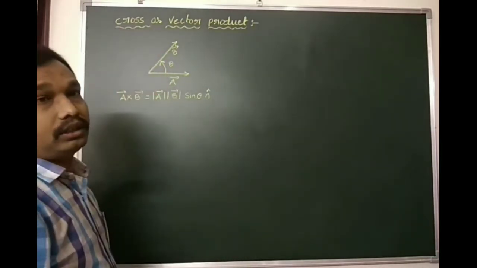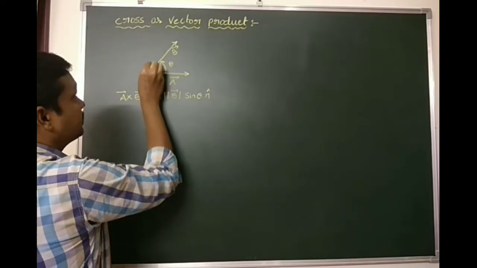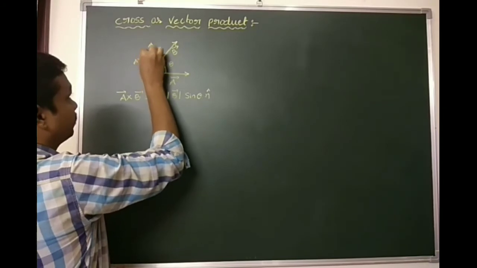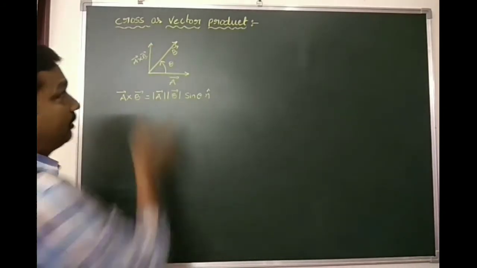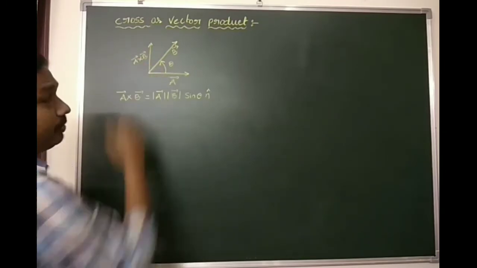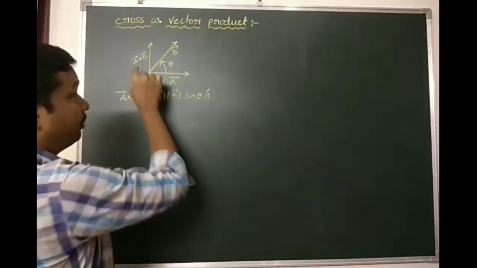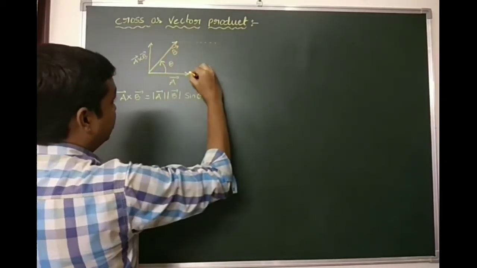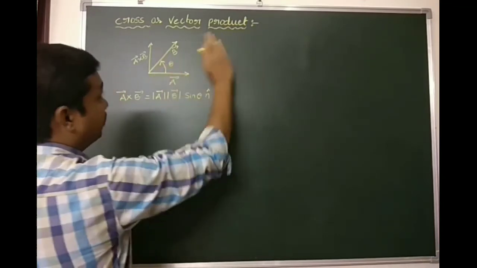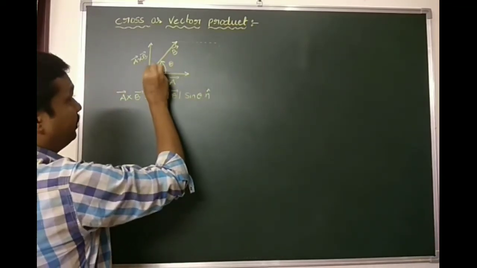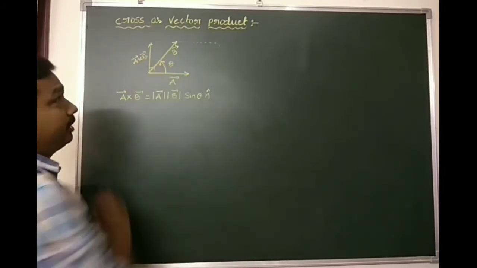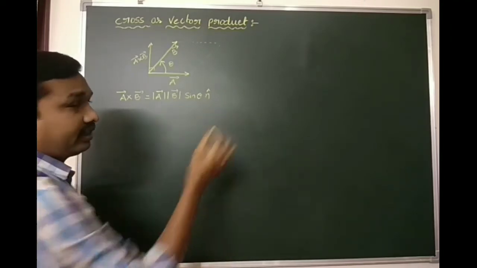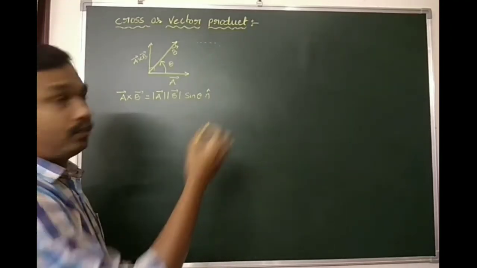The resultant vector coming out of the board we represent as A cross B. When you turn like this, the resultant vector is perpendicular to the plane. This is the plane and this is the resultant, perpendicular to the surface.